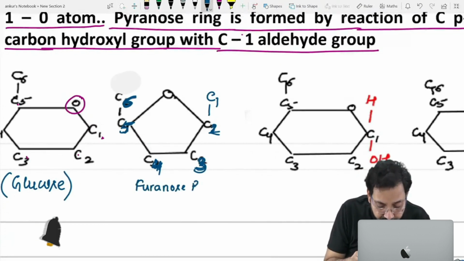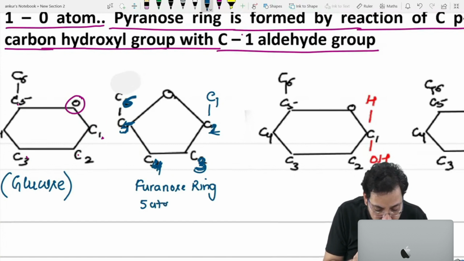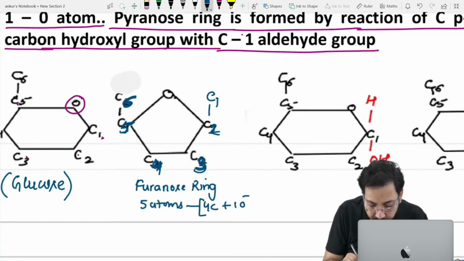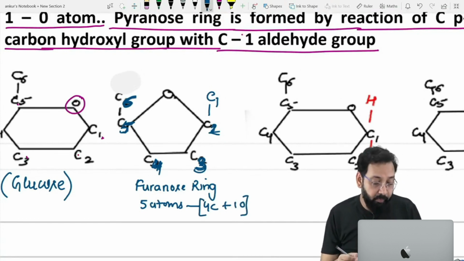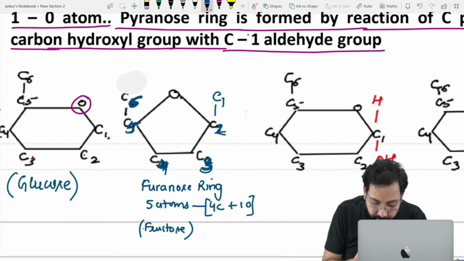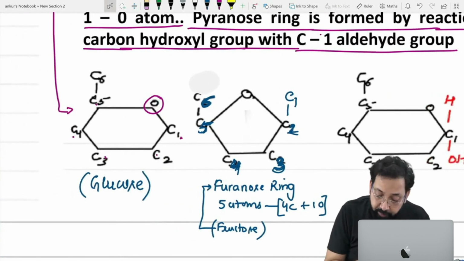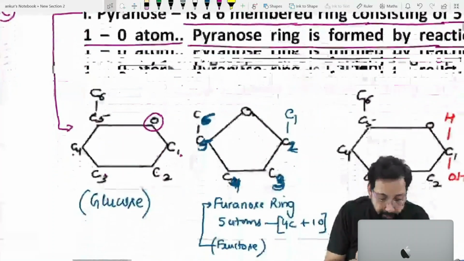Furanose ring has 5 atoms: 4 carbon plus 1 oxygen. Clear? So fructose is usually found in the furanose form, while glucose is usually found in which ring? Pyranose form.